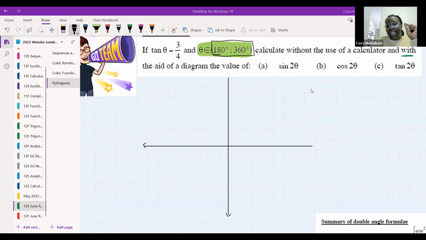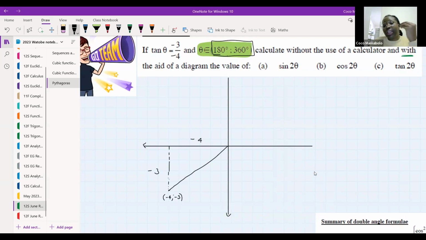What they've given us is that tan of theta is equal to -3 over -4. So my x is -4 and my y is -3.